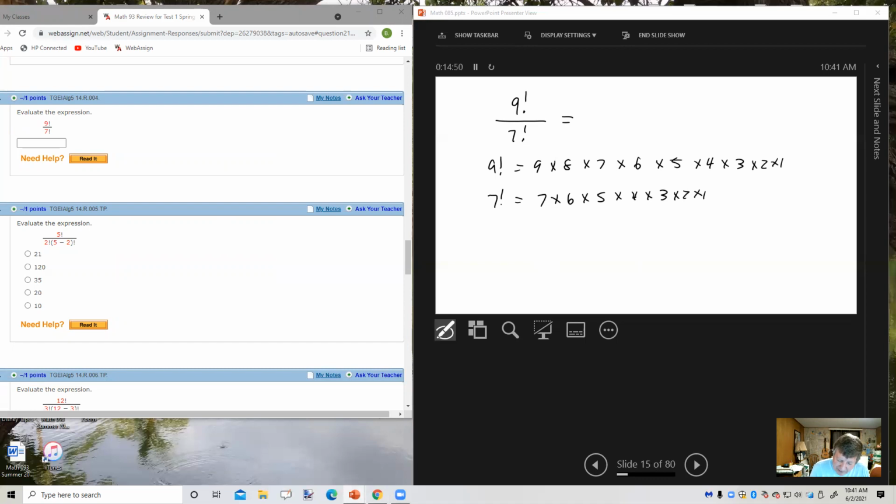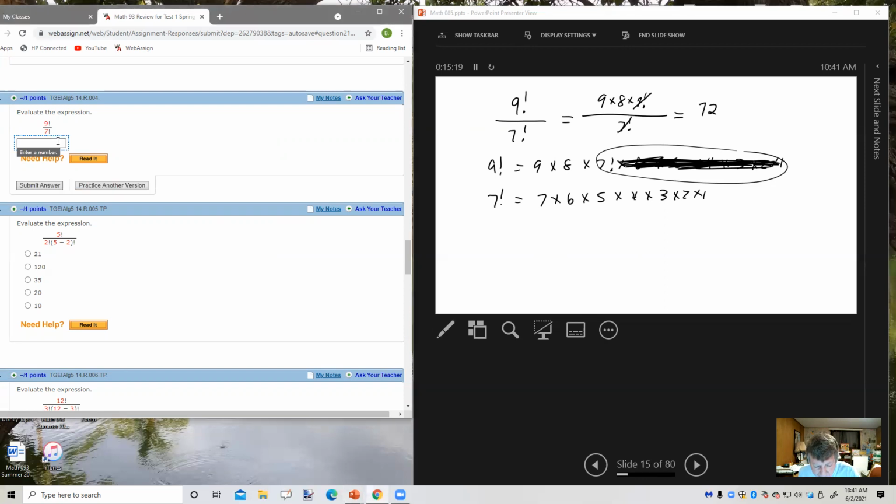But I could also write 9 factorial as 9 times 8 times 7 factorial, because 7 factorial would represent all of that. So if I rewrite this as 9 times 8 times 7 factorial over 7 factorial, the 7 factorials will reduce down, and I'm left with 9 times 8, or 72. So the answer to this problem should just be 72.